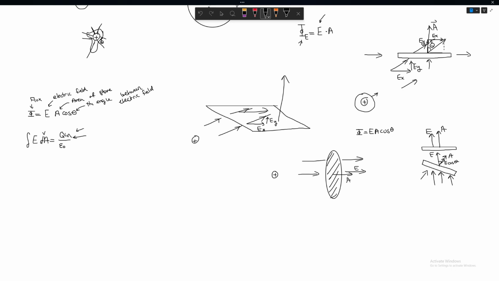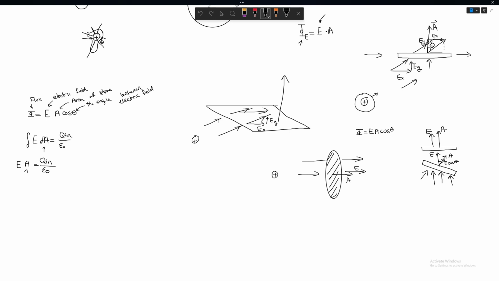After you integrate, your E is constant usually, almost always. We're not going to do a non-constant electric field in this course. It's going to get way too complicated. And so my dA, after I integrate, is just A, right? So that equals my Qn over epsilon naught.